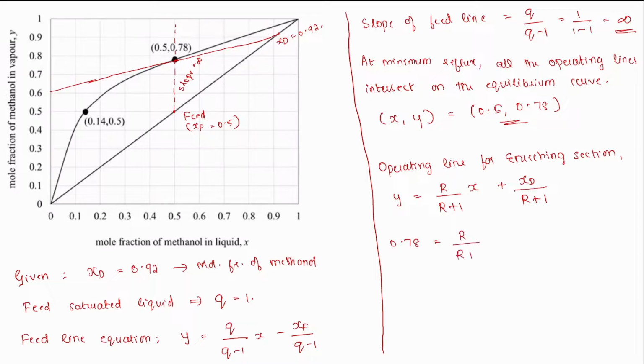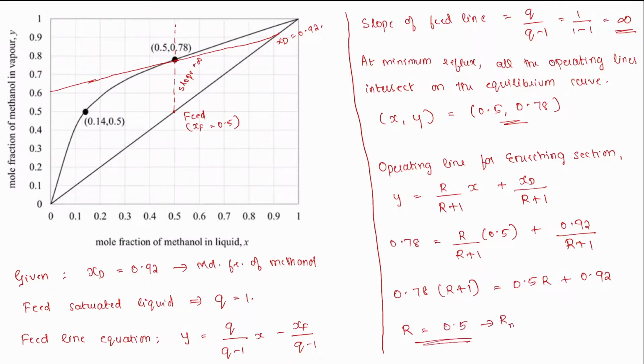Since these lines are intersecting, we can substitute x and y as 0.5 and 0.78 and xD is given as 0.92. So substitute these values, we'll get a linear equation with the only variable as R. So solving this equation, we'll get R is equal to 0.5, which is the minimum reflux ratio. So the correct answer for this question is option B, R is equal to 0.5.